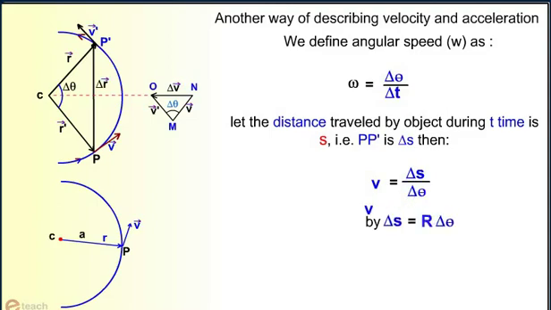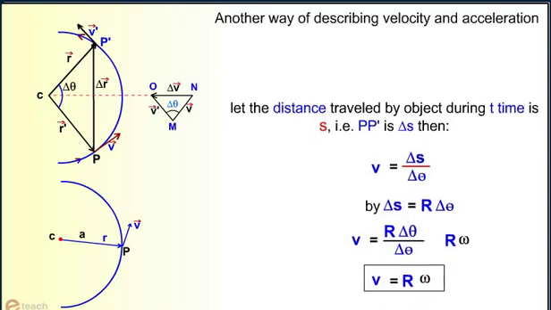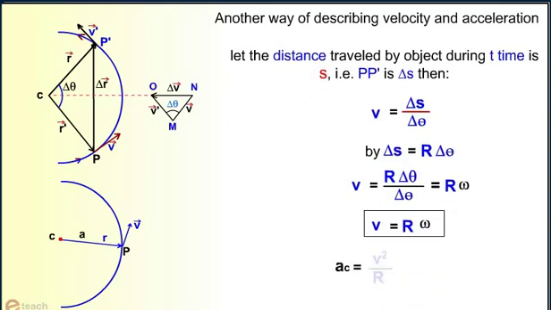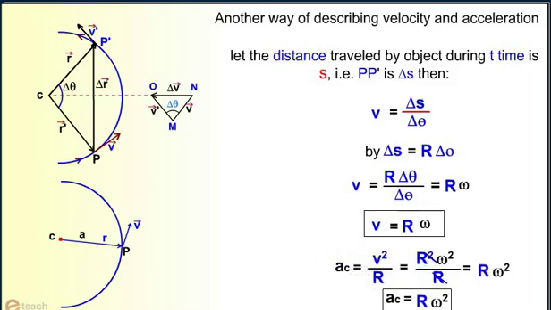Substituting delta s equals r delta theta in the above equation, we get v equals r delta theta upon delta t, which equals r omega. So, centripetal acceleration a c equals v square divided by r, which equals r square omega square divided by r, that is r omega square.